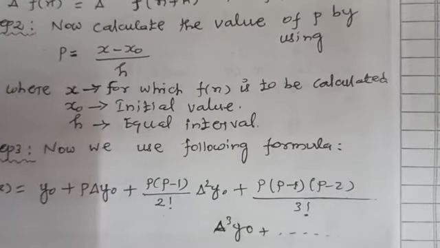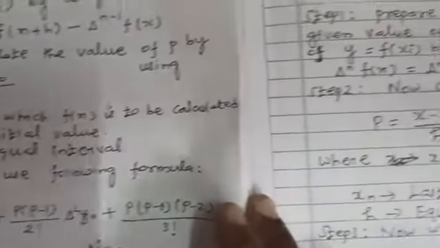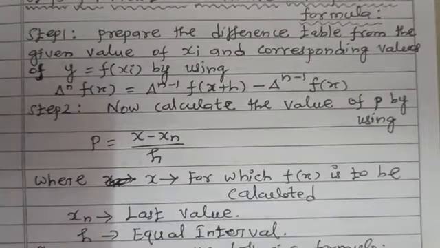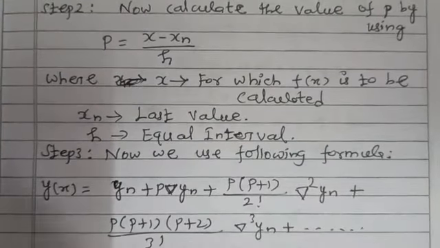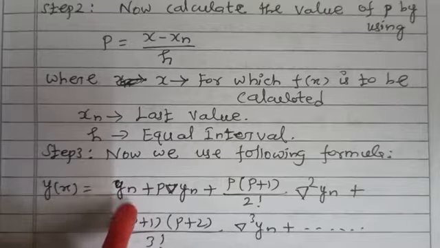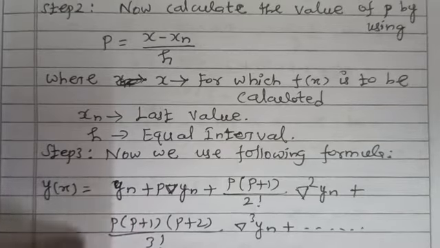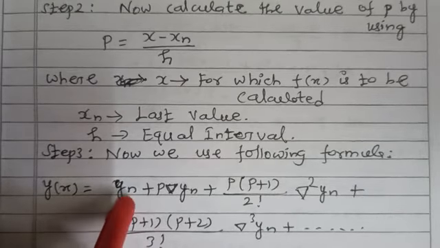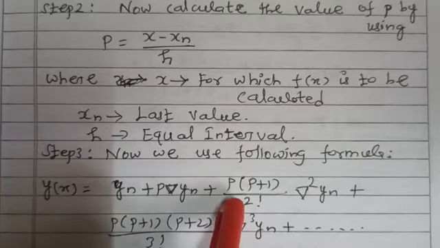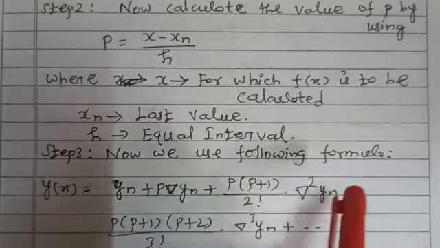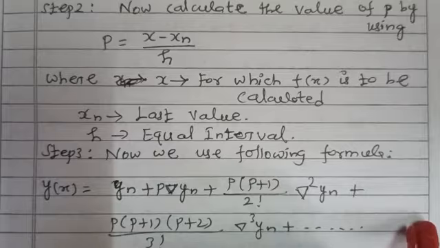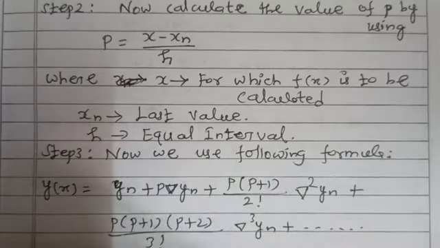But in Newton's backward, we have to start with Yn, the last value of y, and P into P plus 1, P plus 2, P plus 3, like that it will be increasing up to the requirement level.